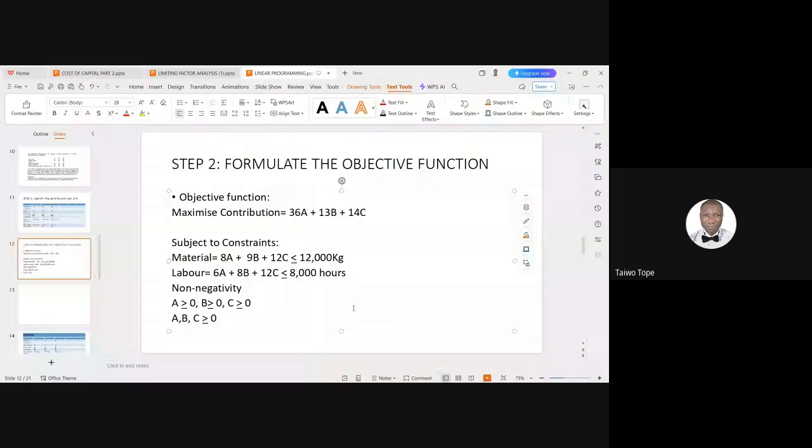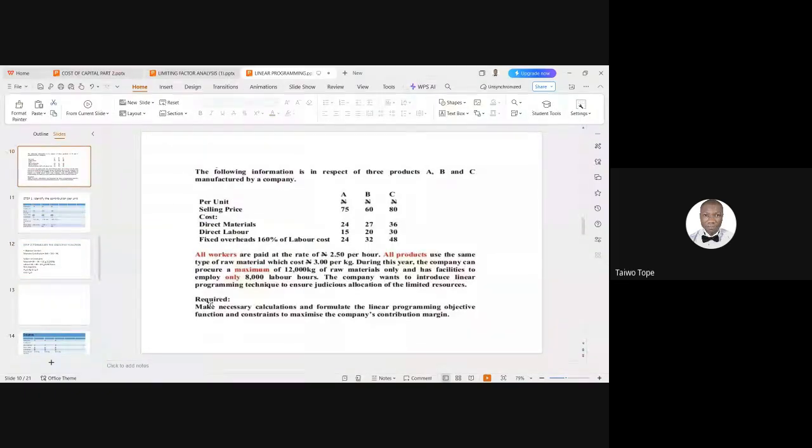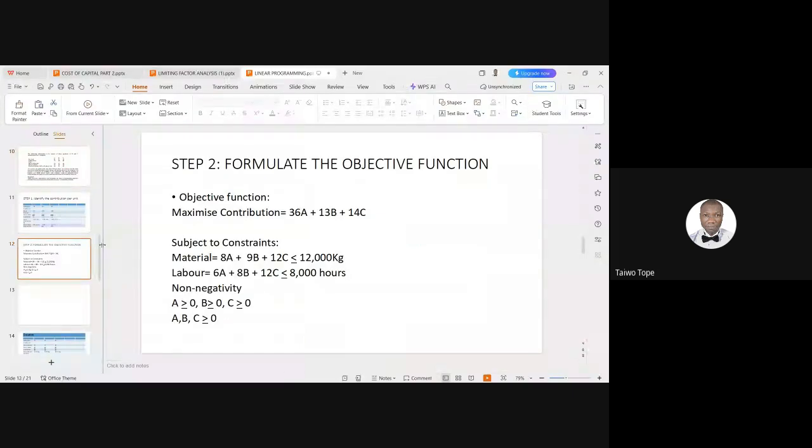Going back to the question, it made it clear: make the necessary calculation and formulate the linear programming objective function and constraints to maximize the company's contribution margin. So you've shown the contribution, you've identified the objective function, you formulated the constraints, and you've shown the non-negativity.